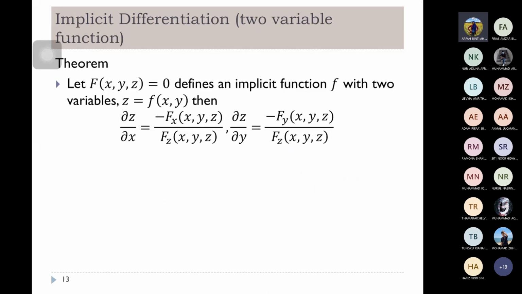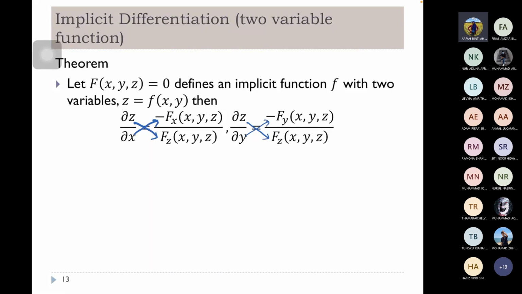Let f(x,y,z), a function of x, y, and z equal to 0, define an implicit function of f with two variables, where z equals a function of x, y. Then delta z over delta x equals the partial derivative with respect to x divided by the partial derivative with respect to z. So z and x, and this one as well.